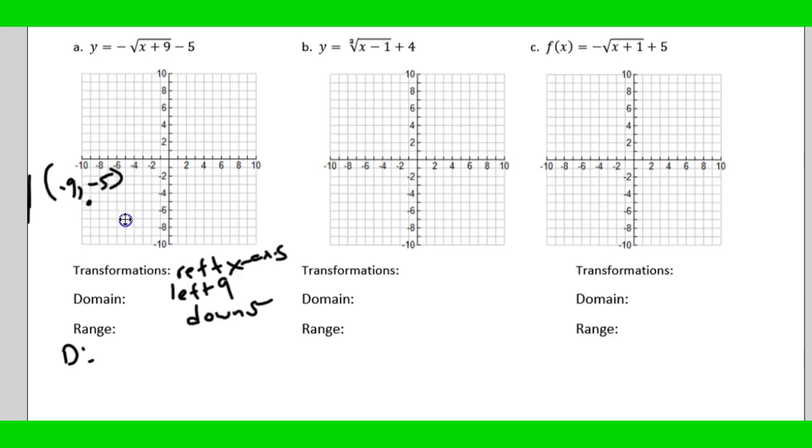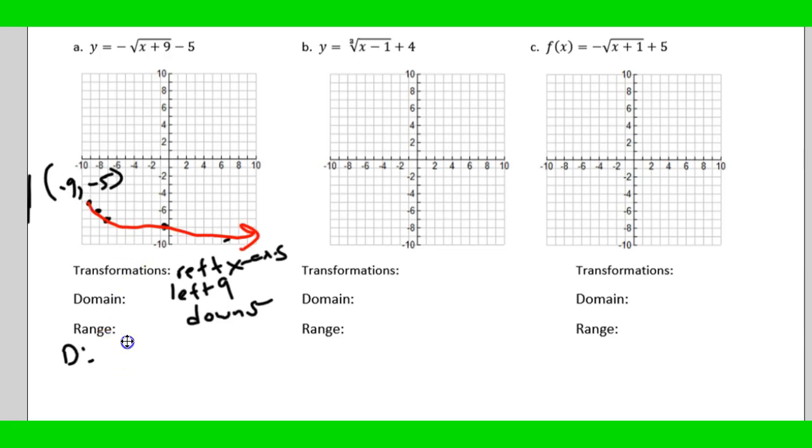Then we have -8, -6, and -5, -7, and 0, -8, and 7, -9. So there we go right there. Made this real quick.